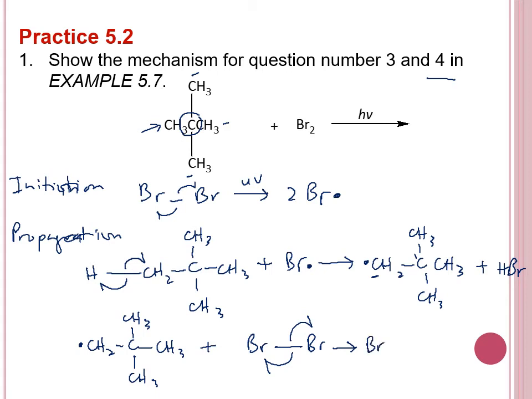So Br CH2. So this is the middle carbon. This is the methyl attachment, and then Br dot. So this Br dot is going to do this reaction again, and it is going to propagate continuously until we do a termination step.